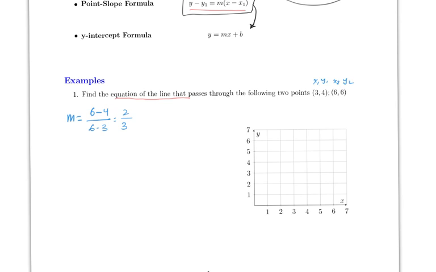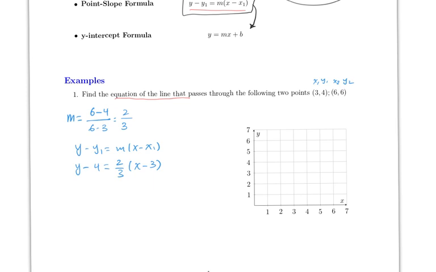Then if we use the equation, remember y minus y1 equals m times x minus x1. Well, y1 is 4 and m is 2/3. That's the one we just found. And this is x minus 3. So we're using this point. If you use the other point, you will get the same answer, but just go with the first one.